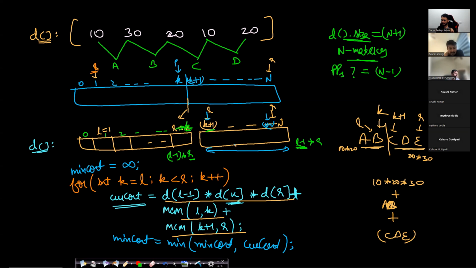Initially L will be 1 and R will be N. Then we are dividing it, and the diagram will be like a merge sort diagram. But it will not always divide equally in the middle, because it will divide at all possible partition points.